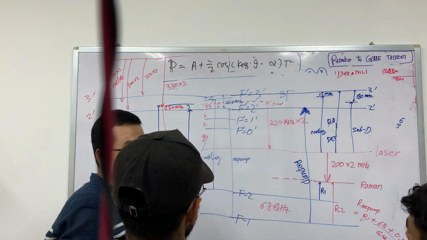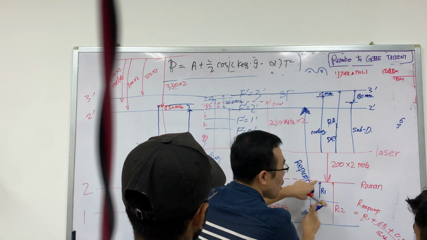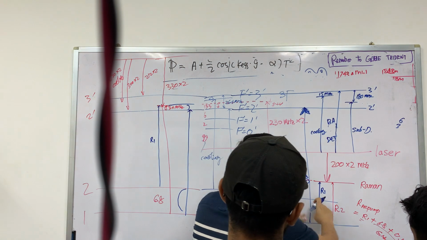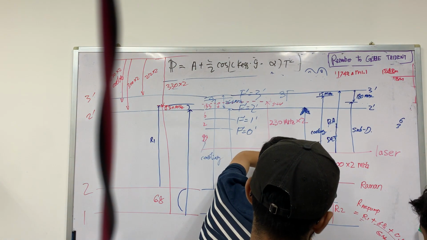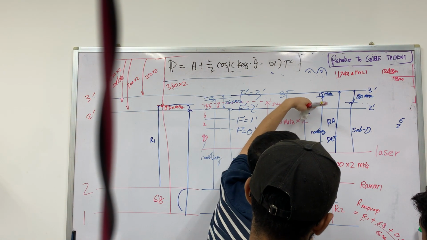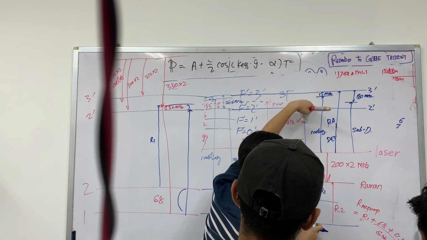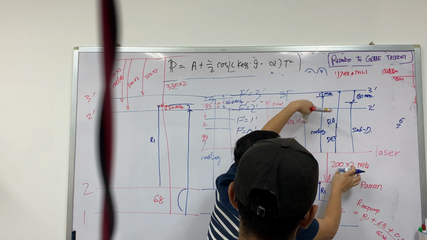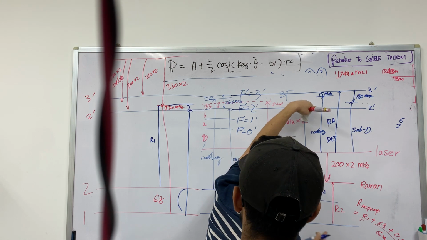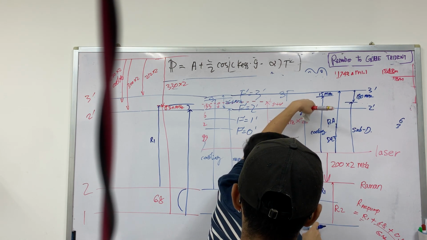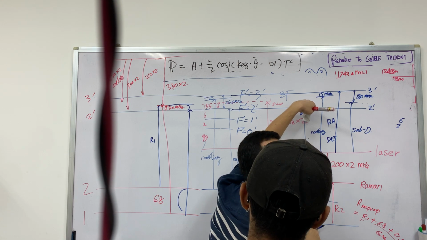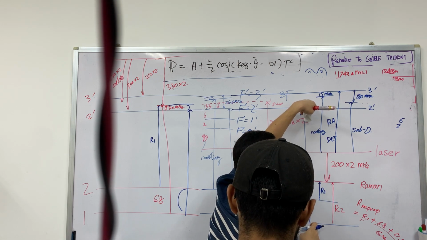Here, it's slightly different. This is your R1. You need to plus this much to get here first, and then plus this much. Since we are not changing the frequency here, what you need to do is give different RF to your UM.